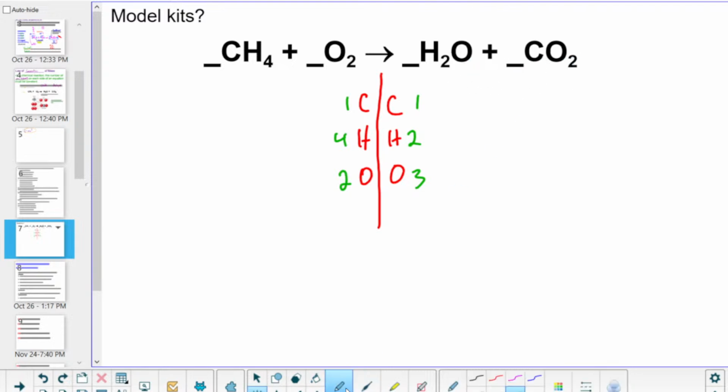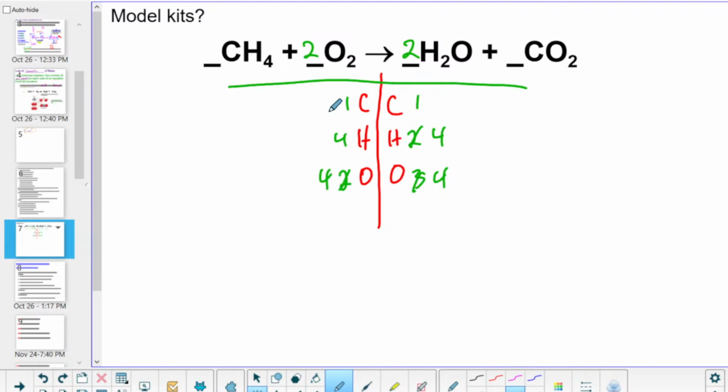Sometimes if I went to oxygen first, I'd wonder how I'm going to change this to match, and I've got 3. Leave that till last, it'll often work out. I go hydrogen. Well, that's easy, I can just put 2 here, and I cross that, put 4. But now there's 4 of these, so I put 2 there, cross it, it's 4, and now I'm balanced.